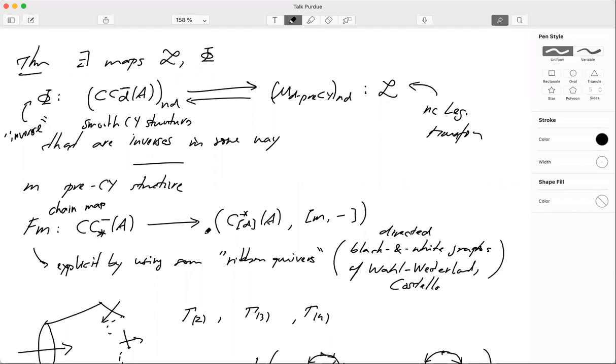So you should think about this as being the map on tangent spaces: at a certain point you have a tangent space, and you map to a tangent space in this one. So the chain map is some linear thing, mapping between the tangent complex at a point in this space and the tangent complex at a point in this space. Okay. Questions?